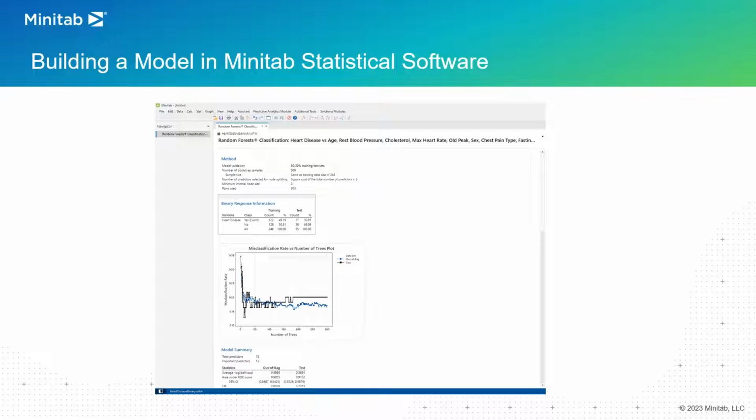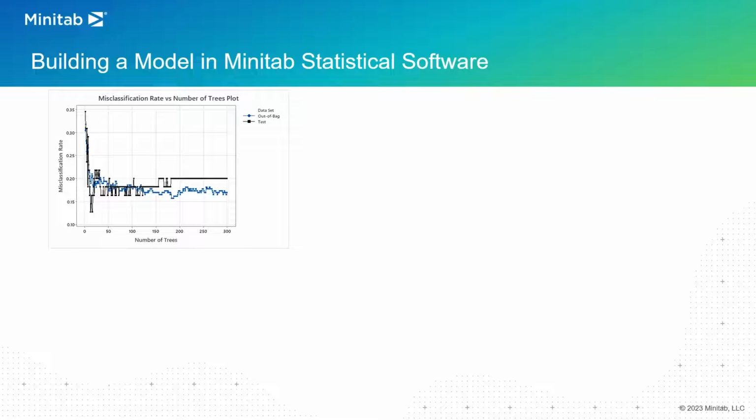It's worth taking a look here at the amount of output that we get for free. To preface that, I should be clear that I didn't spend a lot of time with my ChatGPT prompt, but if I wanted more output from Python, I would have to know more code. In Minitab, if I can enter my variables, then I'm going to get things like the chart that helps me decide if I looked at enough trees in my random forest model.